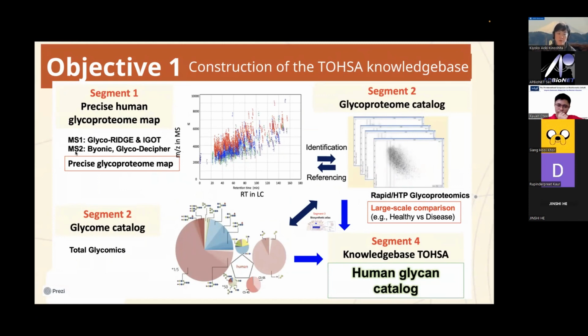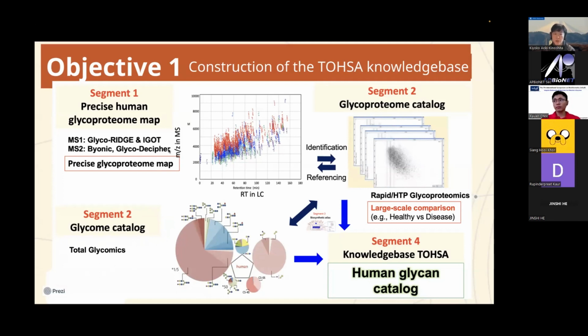This is being done by using mass spectrometry and liquid chromatography and generating this map, and then also creating a glycome catalog. So this is just glycoproteomes, but there are also glycolipids, glycosaminoglycans, free glycans, etc. So the total glycomics will also be performed to get quantified information about all the different types of glycans in these different samples. And then we have a large cohort, which we're collaborating on with different hospitals in Japan.